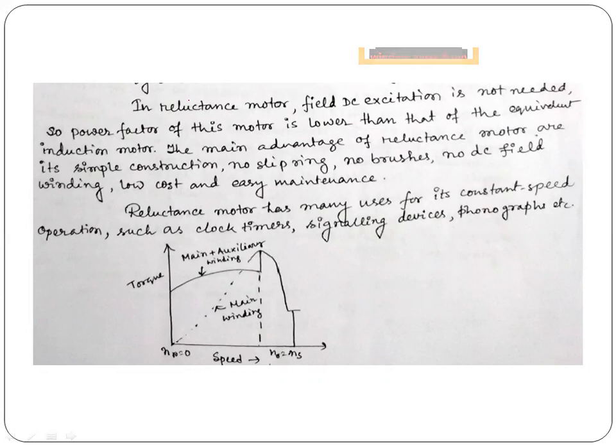We have already seen that the motor starting principle is just like single phase induction motor. So definitely it does not need any kind of DC excitation. The power factor of this motor is lower than that of the equivalent induction motor.